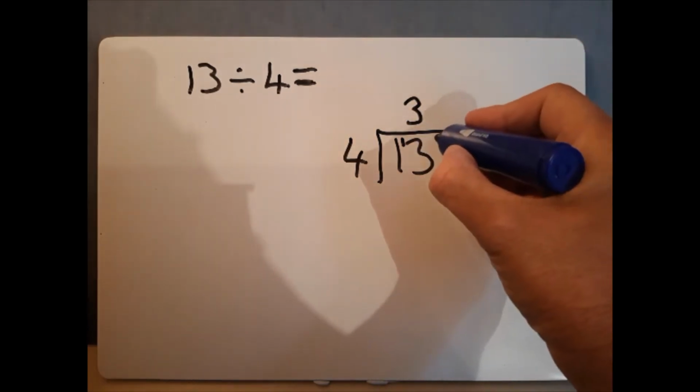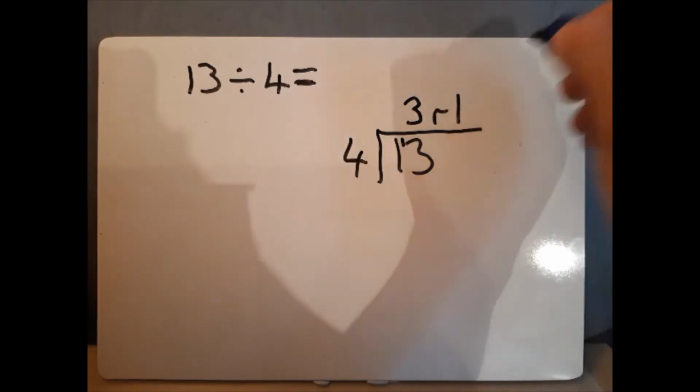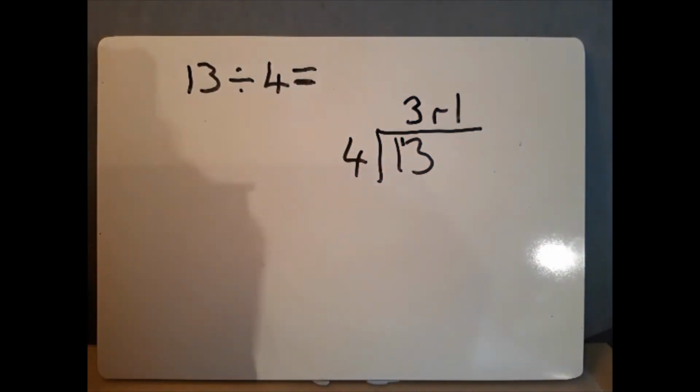And then we've got this 1 left over, so it's 3, remainder 1. We can think about it in that way, and that could be one of our answers, 3, remainder 1.